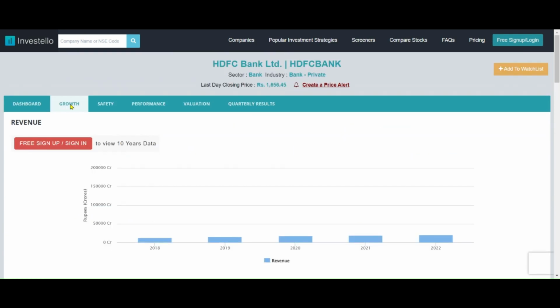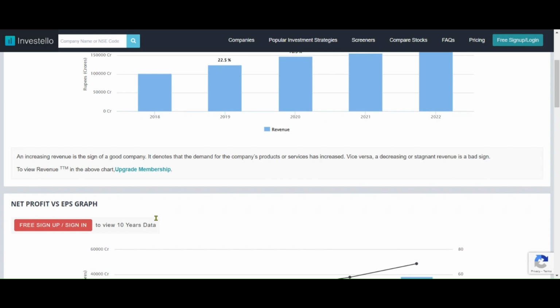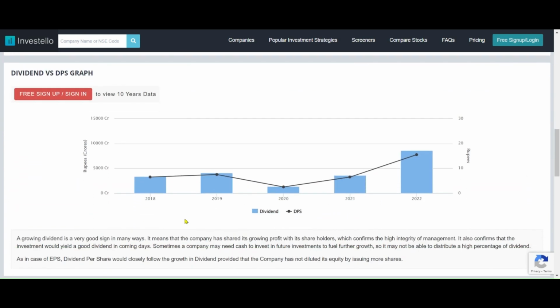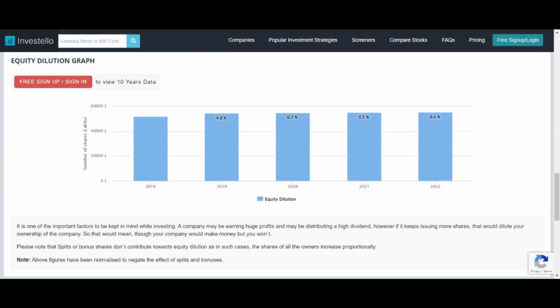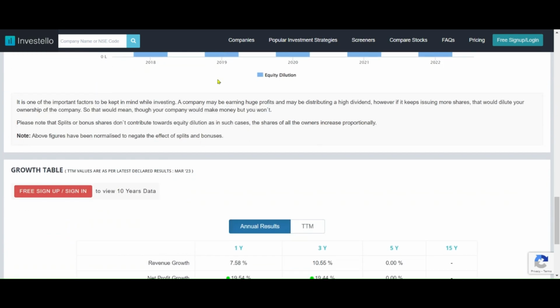So for instance, if you go to the growth section, it shows how the stock has grown. And again, it gives some definition of how the trend should be. The same with profit, dividend, equity dilution.